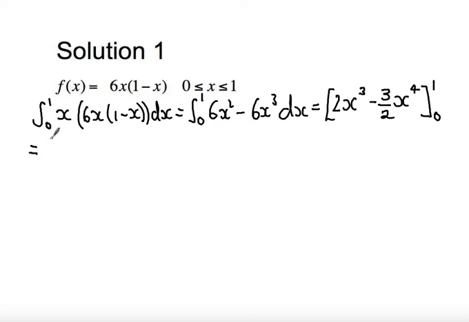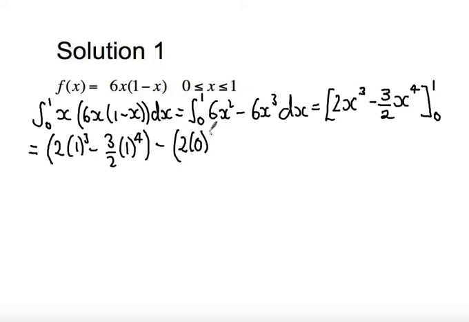Now we're going to evaluate the integral between the bounds. So we put 2 times 1 cubed minus 3 over 2 times 1 to the power of 4, minus, and remember, although this will evaluate to 0 when we substitute the 0 in, not all functions evaluate to 0, so it's good practice to put it in anyway. So we get 3 over 2 times 0 to the power of 4.